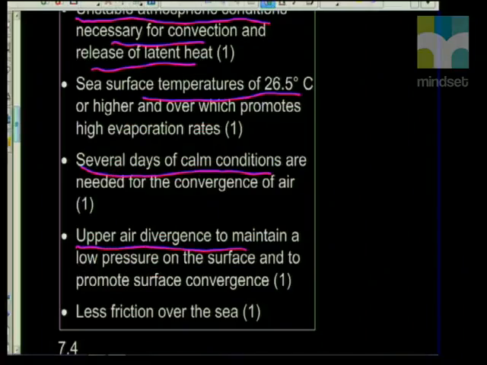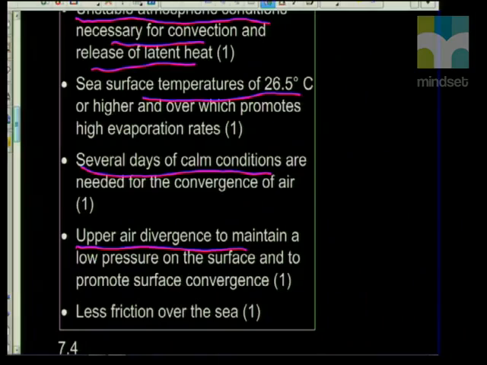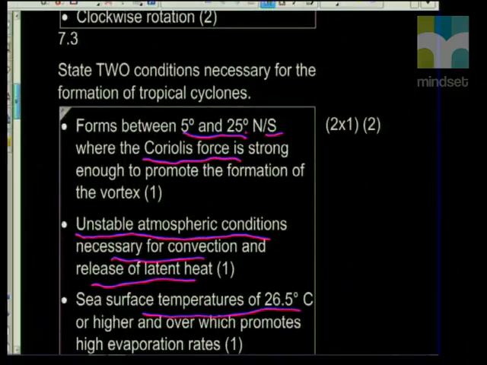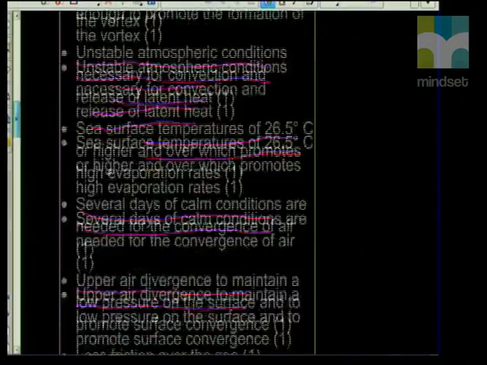Because it gets so low and the temperature on the outside is much higher, air rushes towards the center, and therefore those speeds pick up. So, several days of calm, upper air divergence. Remember that? If air does not diverge out of the eye all the time and all the air comes in, low pressure will die. I know I haven't done justice, only 2 points, but you can name them. We can even put a paragraph question on this.